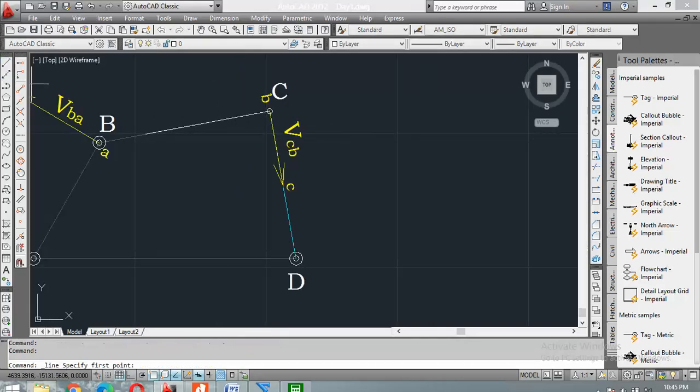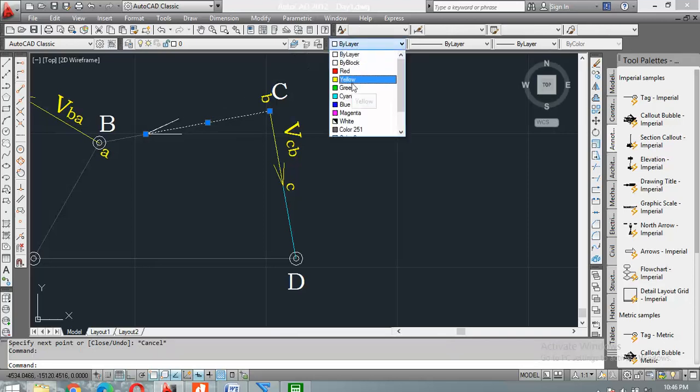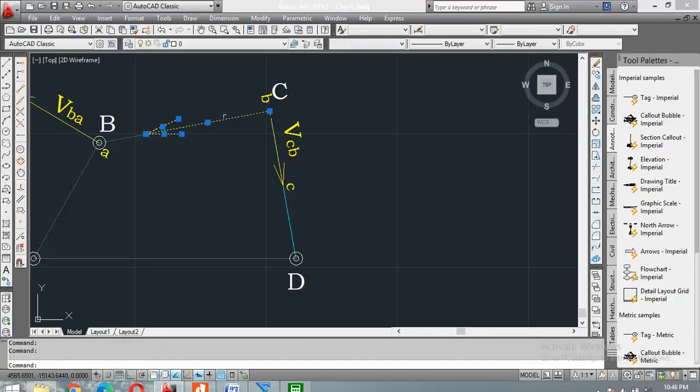Chalo. I am representing it as a vector. Okay, and this is the vector, so I am representing it with a yellow color chalk, so that we will not confuse which line is for the mechanism diagram and which line for velocity diagram.